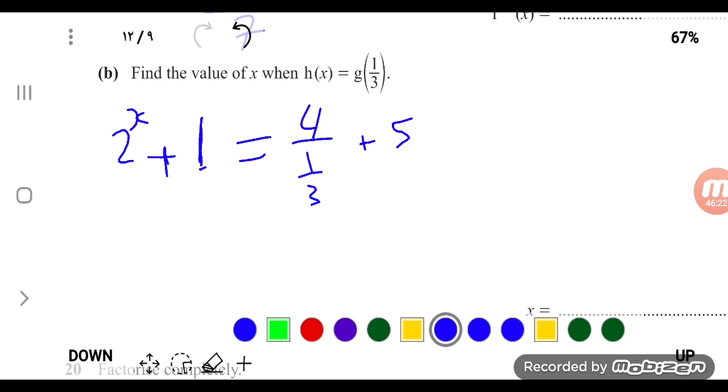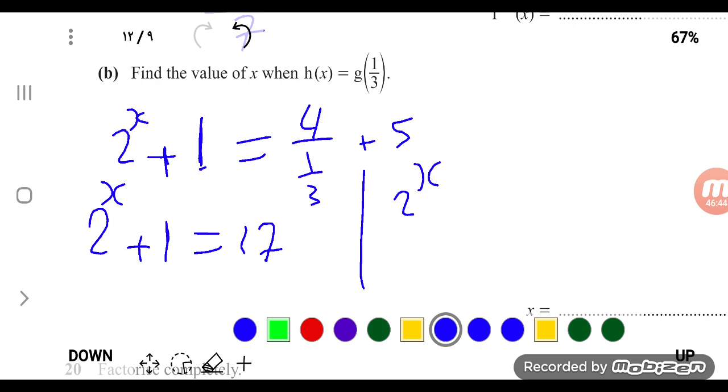Right hand side of the equation on the calculator will give you 12 plus 5, 17. So now you have 2 to the power of x plus 1 equals 17. If you take 1 to the other side, you get 2 to the x is equal to 17 minus 1, which is 16.